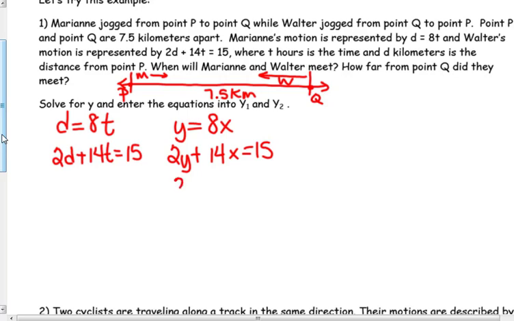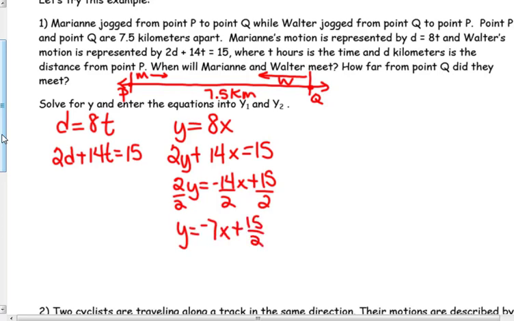Solving this equation for y, you get 2y equals negative 14x plus 15. Dividing by 2, you get y equals negative 7x plus 15 halves. I'm just going to leave it 15 over 2, since that's how I'm going to put it into the graphing calculator anyway.